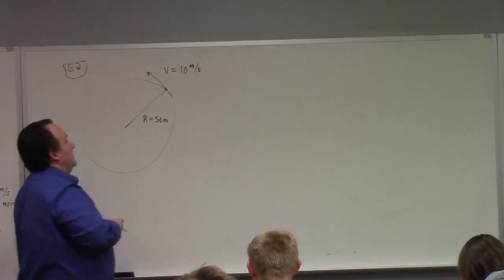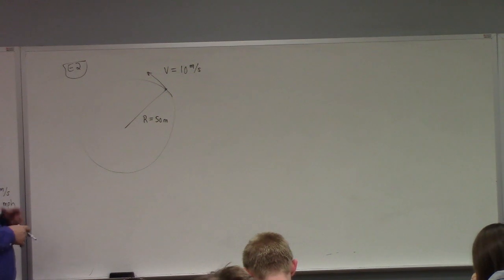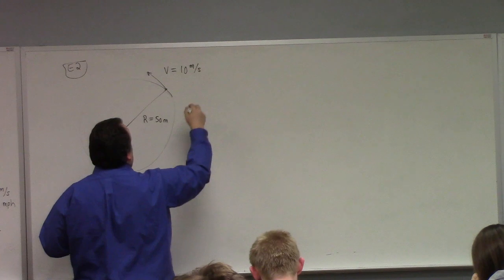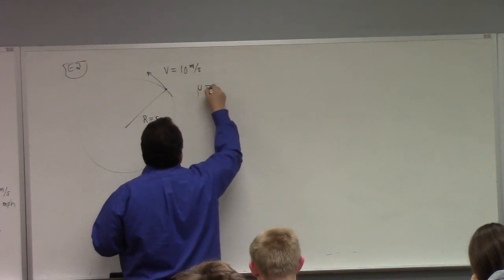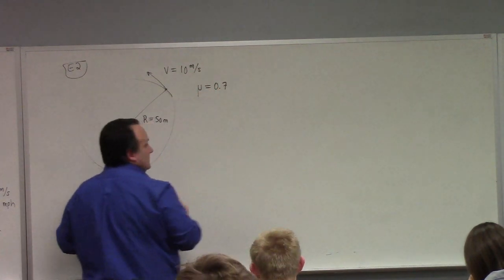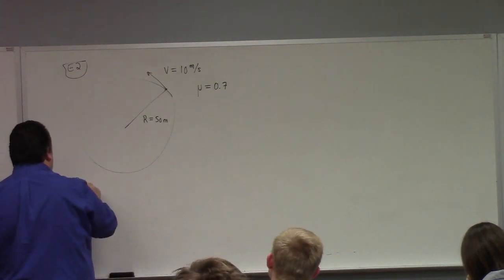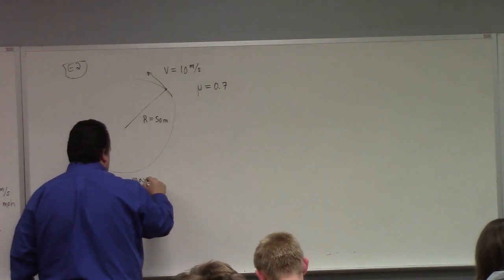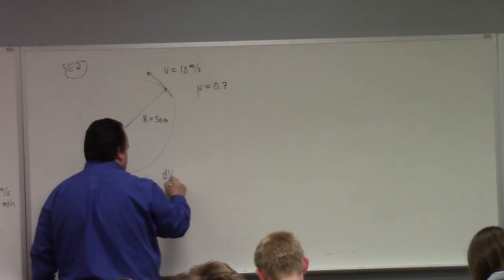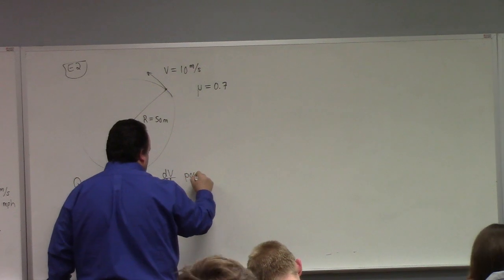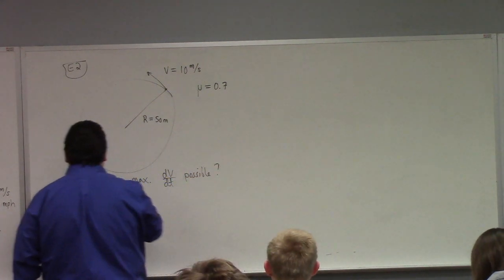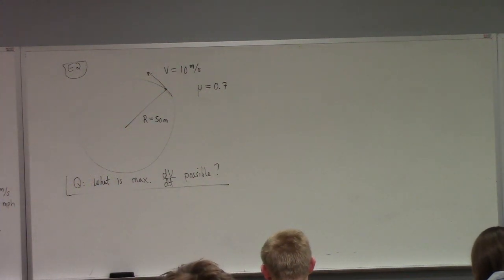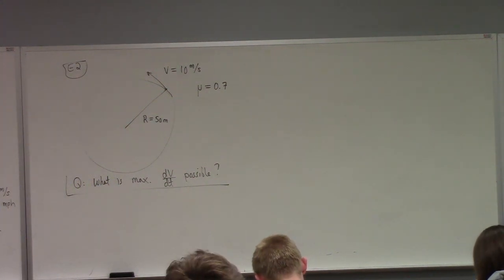Then my question is, if your speed is 10 meters per second around a radius 50 meter track with your coefficient of friction being 0.7, then the question is this: what is the maximum dv dt possible? In other words, how fast can you be speeding up at that point?